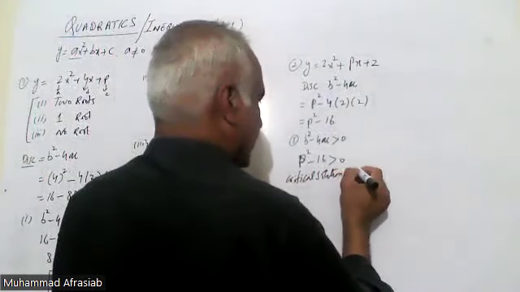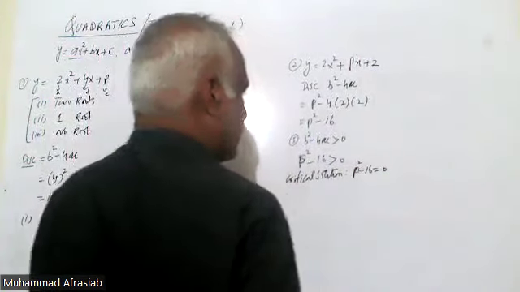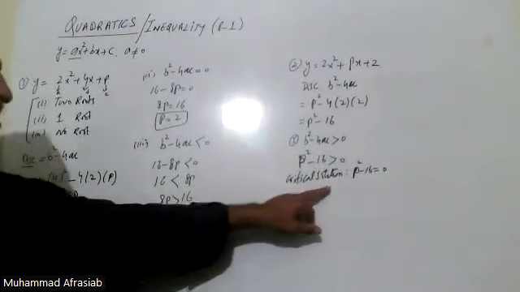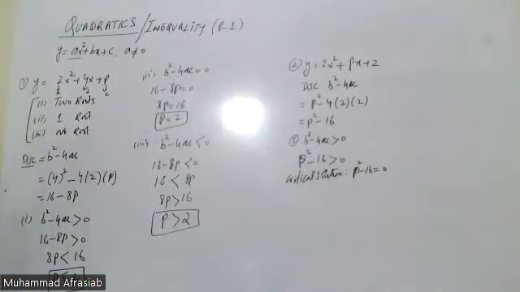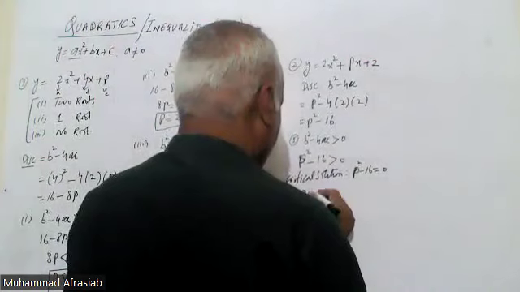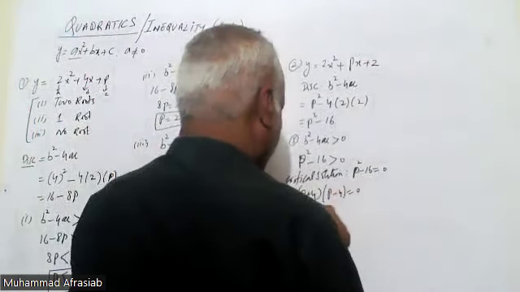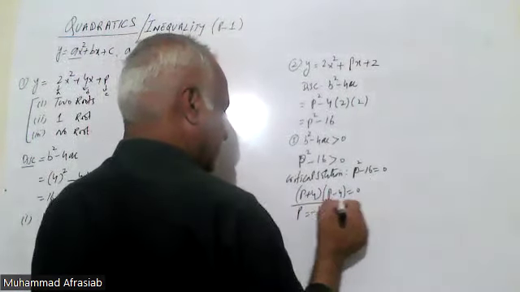This means that p squared minus 16 is equal to 0. Whenever you use less than or greater than 0, use the critical solution and put it equal to 0. Then p squared minus 16 is equal to (p plus 4) times (p minus 4) equal to 0. Our p values are minus 4 and 4.